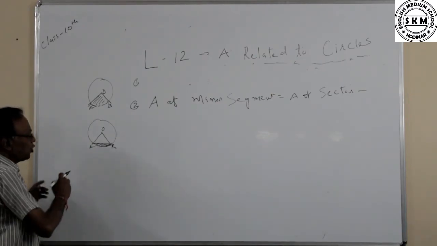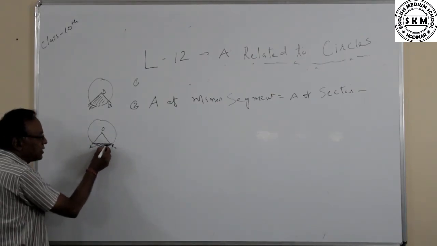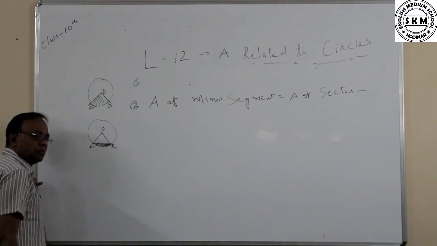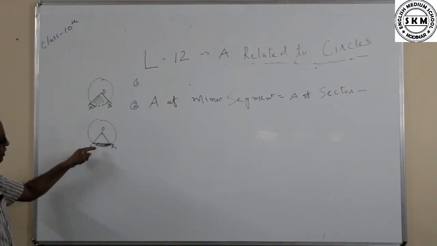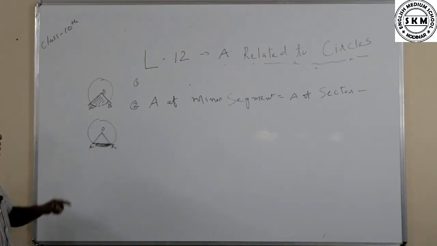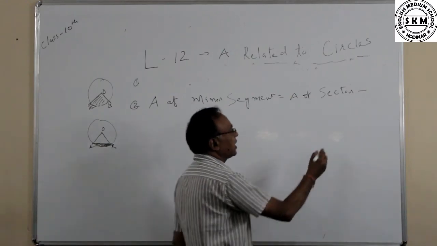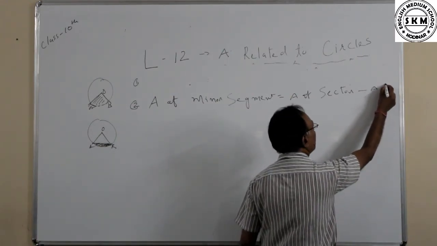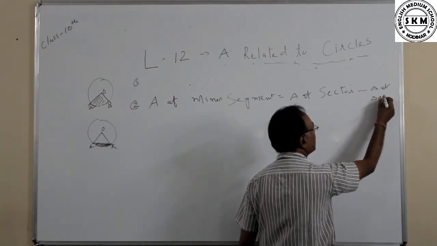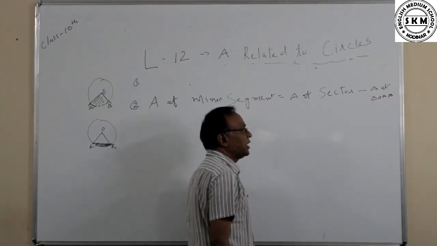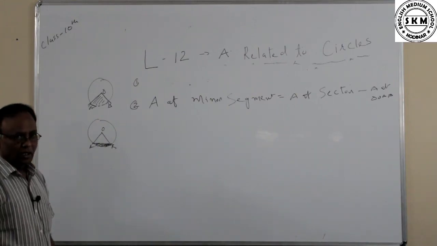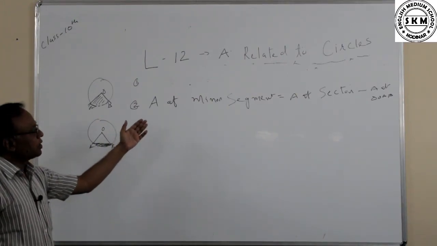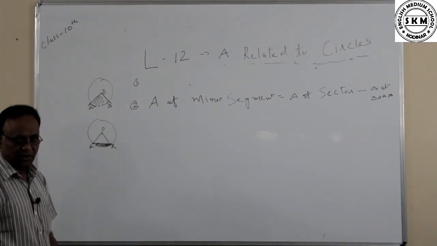We want to find only this part. So area of the sector minus area of triangle OAB is the area of the minor segment.